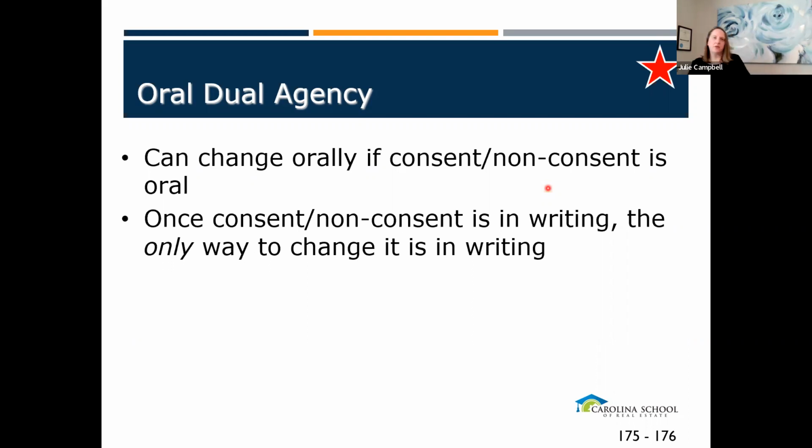Get your Sharpie and completely block it out so you don't even have to be bothered with it. Basic contract law says, once we have an agreement in writing, the only way to change it is in writing. There's your law school 101 for the day. Questions? Oral buyer agency, oral dual agency.